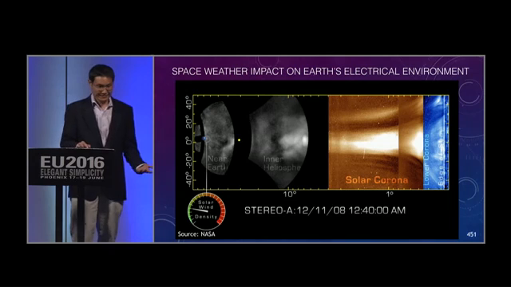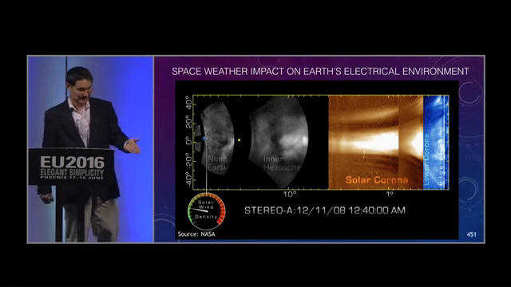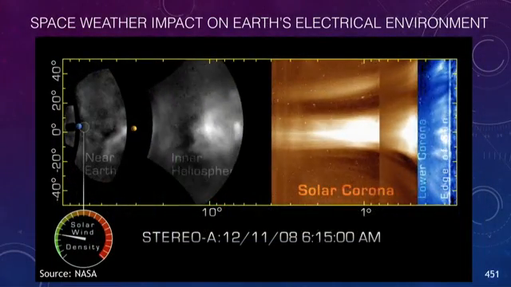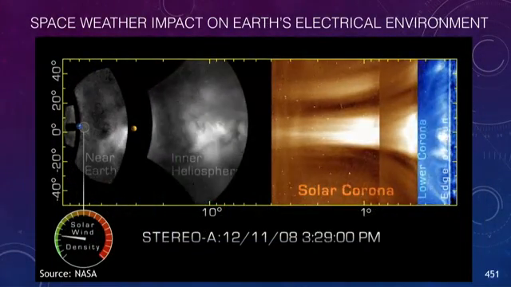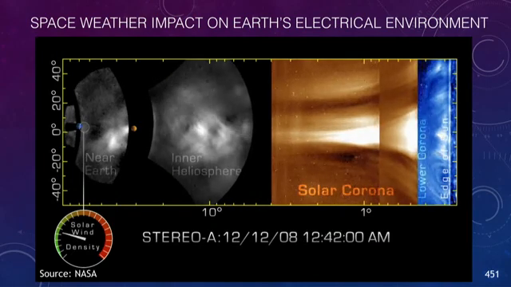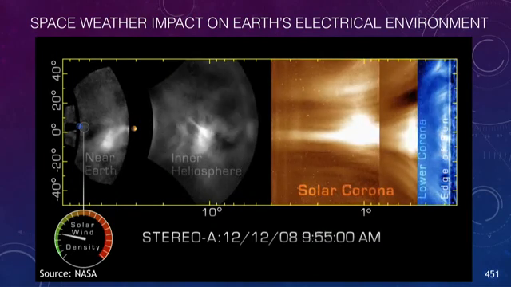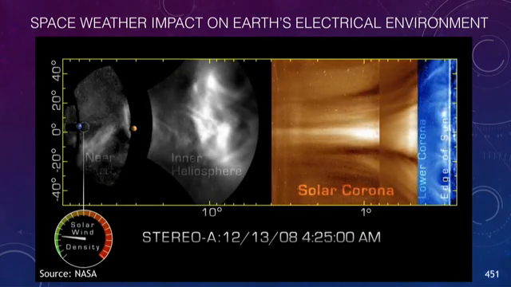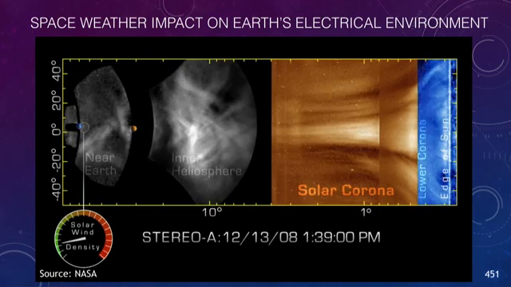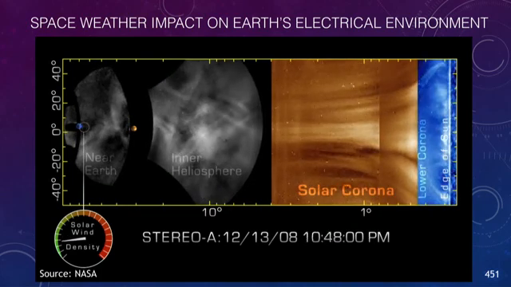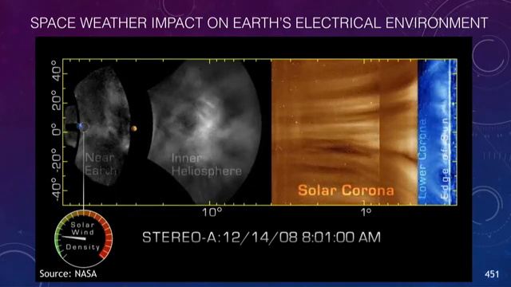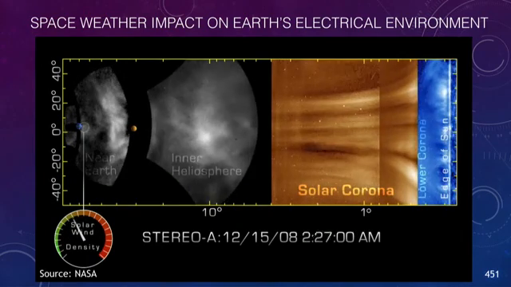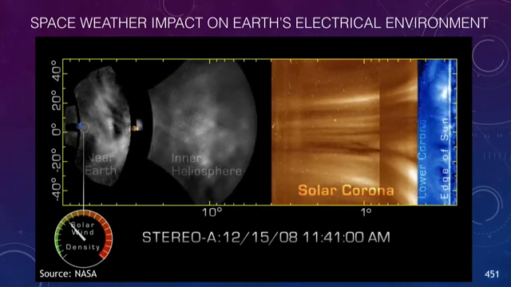So this slide here shows the sun, which on this left-hand side is producing a coronal mass ejection. If you look carefully, you see a big globe of plasma, and you see Venus. As it reaches Venus, you see how it energizes the surroundings of the planet.